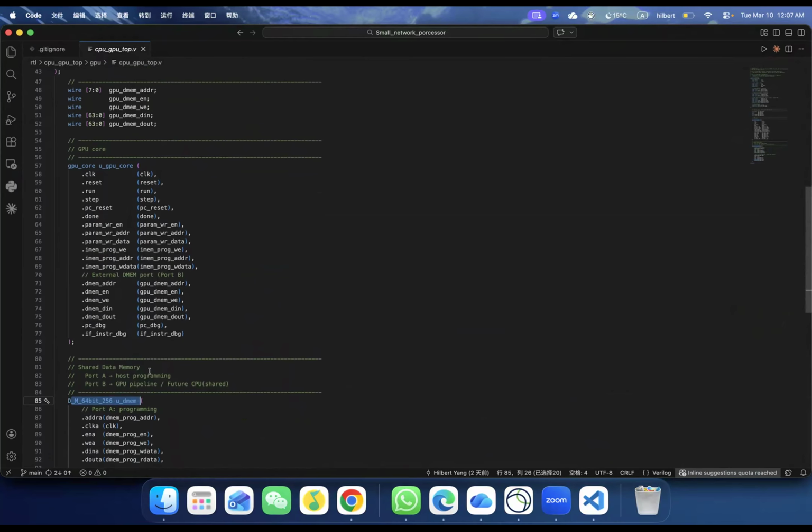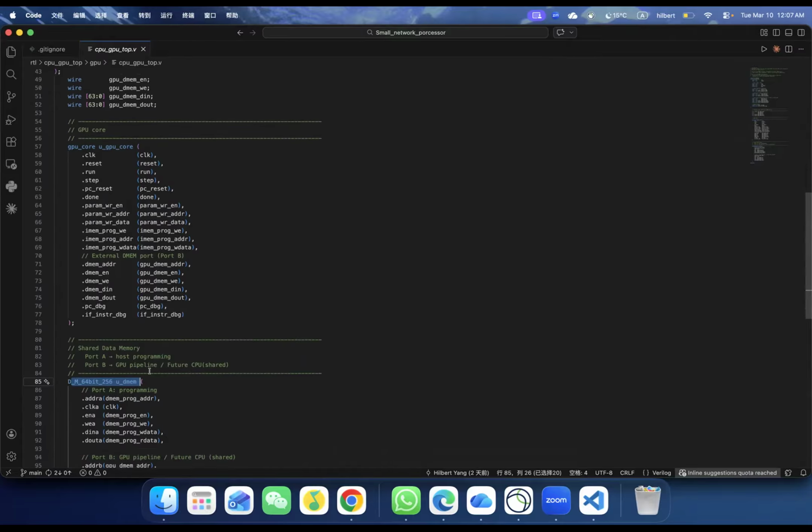We also have CPU and GPU, and we combine them into a data processing unit. After that, we put them together with a D memory, and we will use this D memory as our FIFO to get the data to the data processing unit.